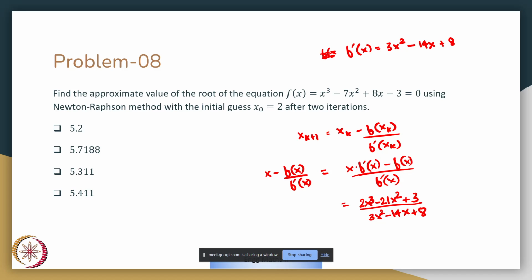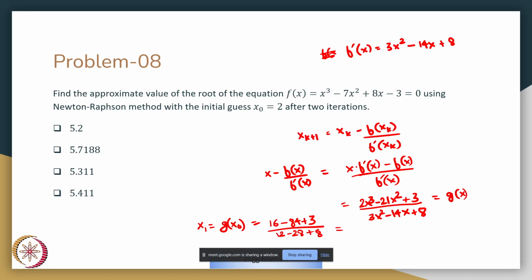So this becomes our polynomial, and I'll write this as g of x. So my x1 is nothing but g of x0, which if we substitute the values turns out to be 2 into 2 cube, so 2 into 8, which is 16, minus 21 into 4, which will be 84, plus 3 upon 3 into 4, which is 12, minus 28, plus 8.